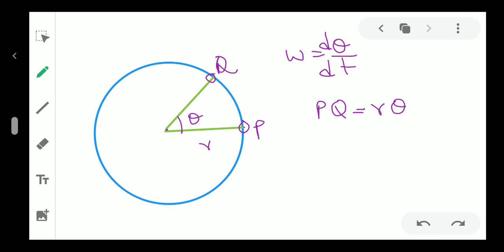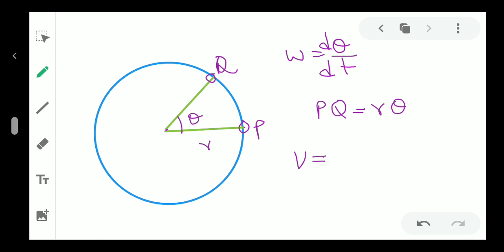Now we know that PQ is r theta, so I can say that my velocity is what? Actually speed, let's say speed, I'm talking about only the value, not the direction. I know that if I say this word speed, that means there is no direction added to it.